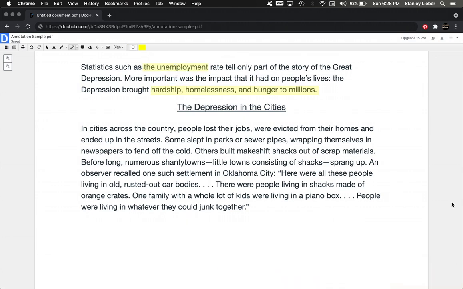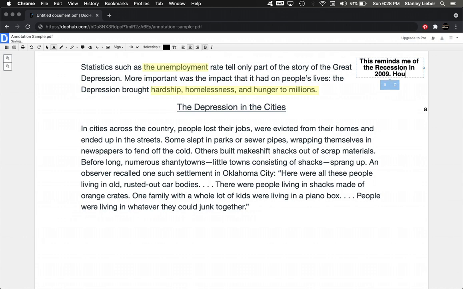And when we annotate, we don't always have to just highlight what's in the text. We can also start writing down what's in our head. So to me, right away, this is making me think back to 2009 and what happened with the recession. So I'm just going to make a note here. This reminds me of the recession in 2009.